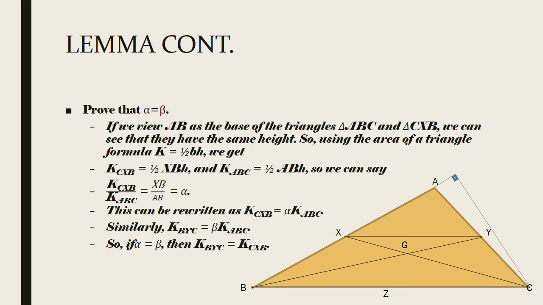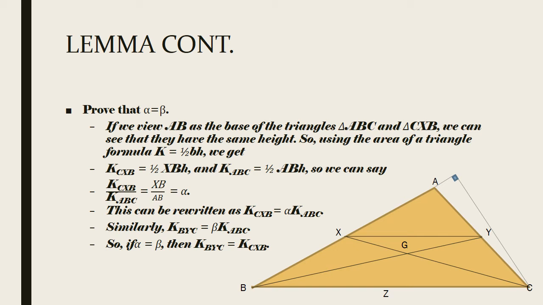In order to prove that alpha equals beta, we will look at the triangle ABC. If we use AB as a base, we can see that the triangles ABC and CXB have the same height. And so using the area of the triangle formula, 1/2 base times height, we can say that the ratio of areas for CXB over the area of ABC is equal to alpha, or that the area of CXB is equal to alpha times the area of ABC.